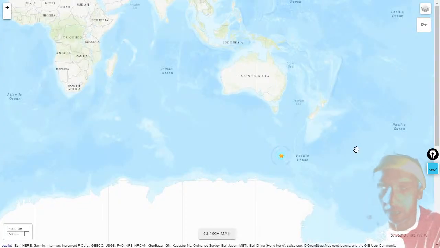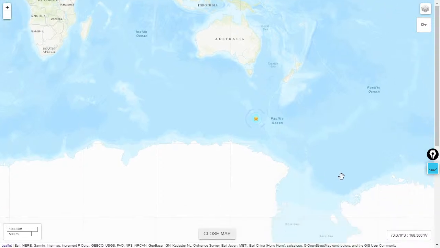Largest earthquake of the past 24 hours was a 6.1, very far south, near the Antarctic and South Indian Ocean plate boundary, I think it is. There's a location of that.